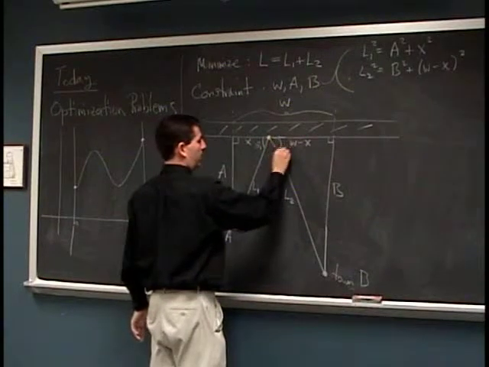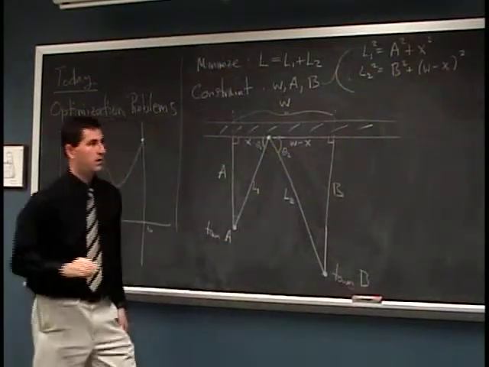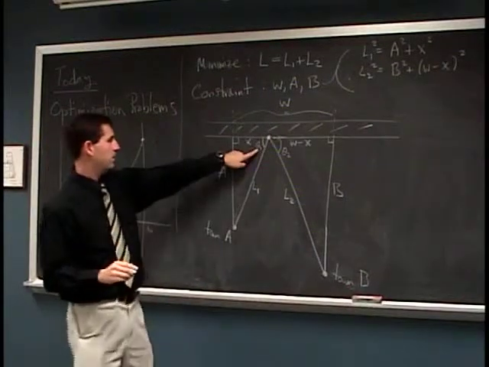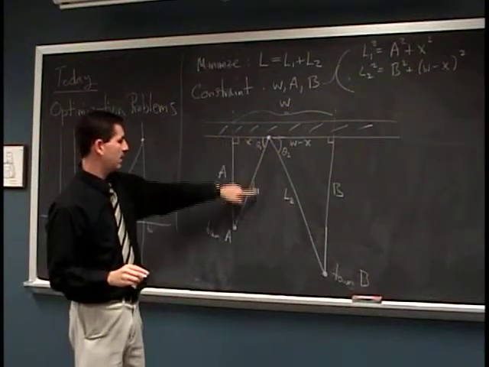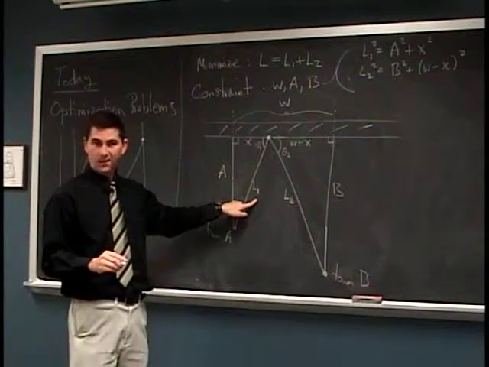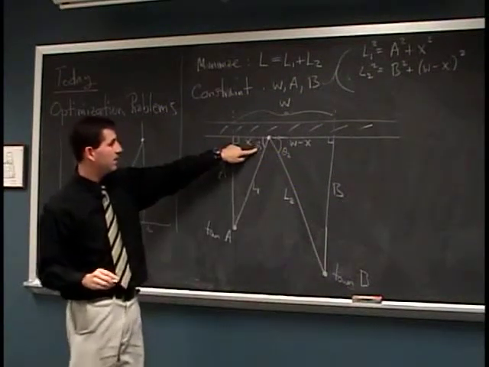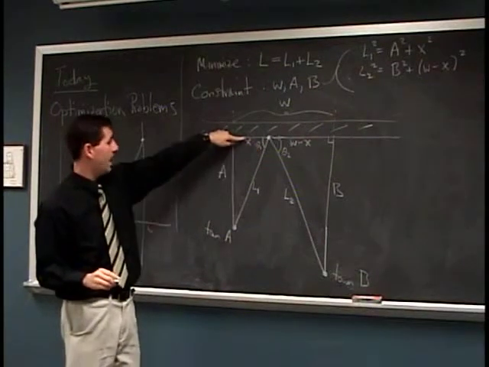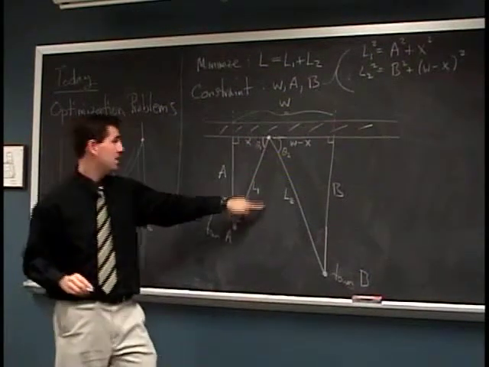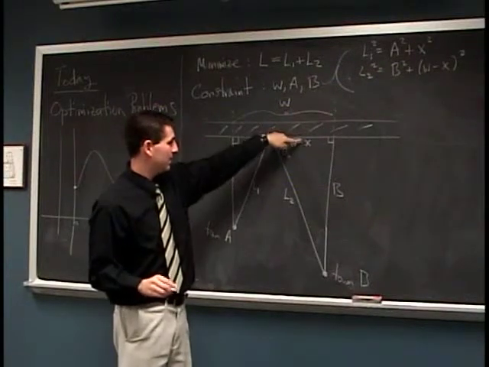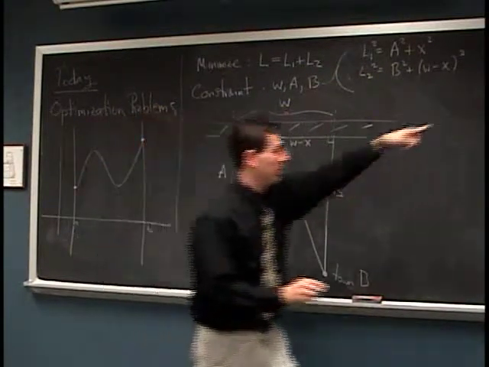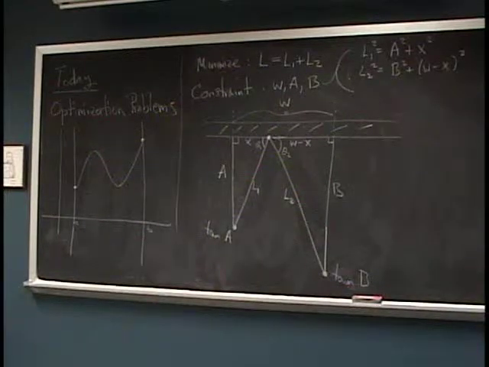This angle here, I call it theta 2. What's the relation between theta 1, x, and L1? Cosine. Cosine of theta 1 is adjacent over hypotenuse, x over L1. And cosine of theta 2 is W minus X over L2. So what this is saying is that the cosine of theta 2 should be the same as the cosine of theta 1.